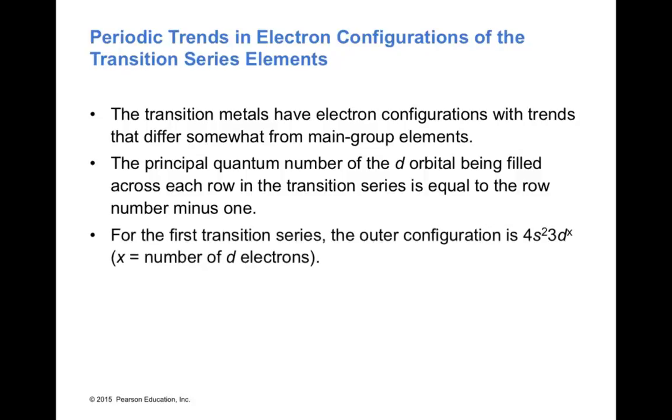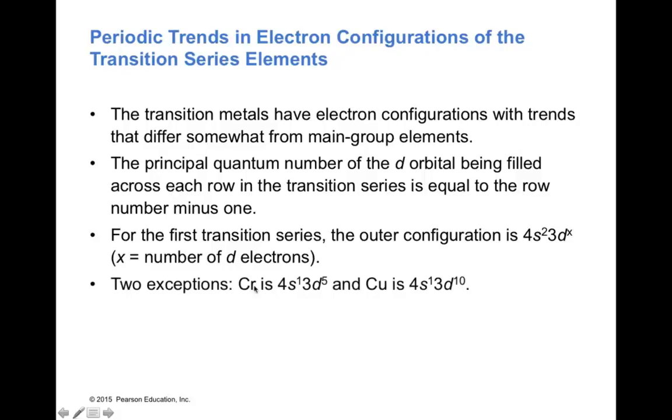For the first transition series, the outer configuration is 4s2 3dx. Even though they are in row 4, the d is going to be 1 minus that number. So that's why you're going to find the 4s and the 3dx, where x is the number of electrons in that d orbital.